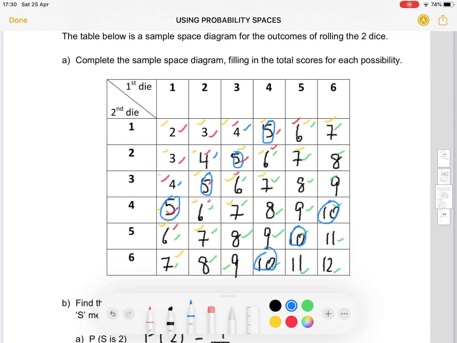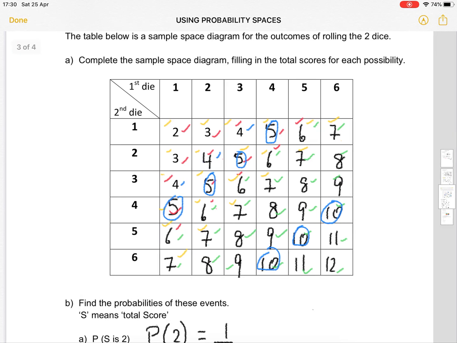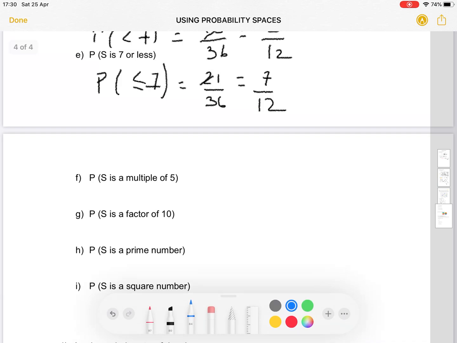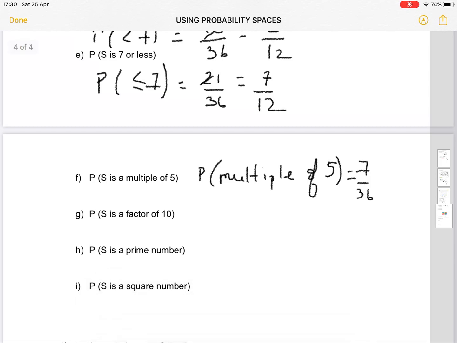So 1, 2, 3, 4, 5, 6, 7. 7 on 36. Probability multiple of 5 is equal to 7 on 36. It cannot be simplified, so we'll leave it like that.